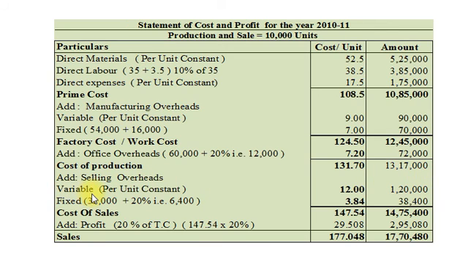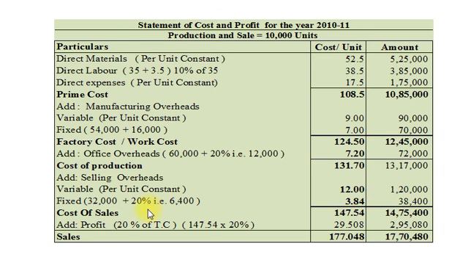Now we will add selling overheads. Variable, there is no information of increase and decrease, so we will take it constant per unit, and previous year it was rupees 12, so total amount will be 12 multiplied by 10,000, that is 1,20,000. And fixed, previous year it was 32,000 plus increase 20%, that is 6,400, so total amounts to 38,400 and per unit it will be rupees 3.84.